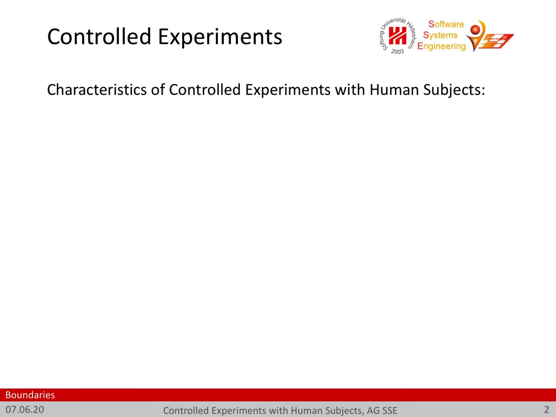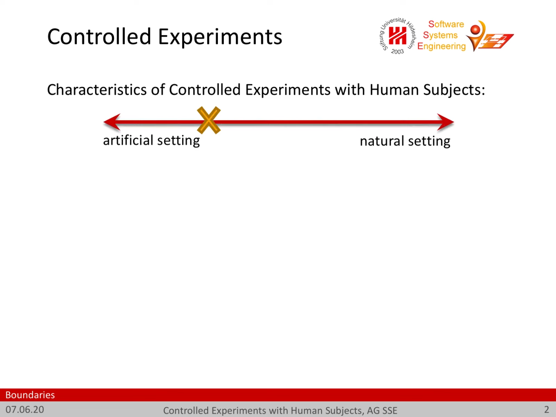We can place controlled experimentation along a number of dimensions. For example, is a controlled experiment a realistic, natural situation, or do we gather data about something which is inherently artificial? And as you see, controlled experimentation is more on the artificial side.